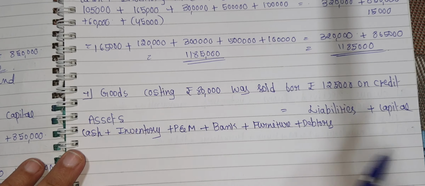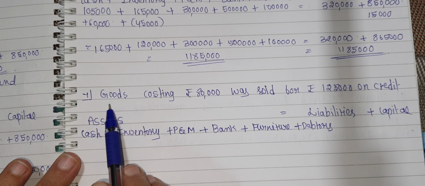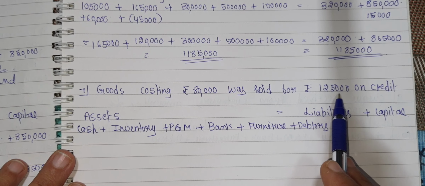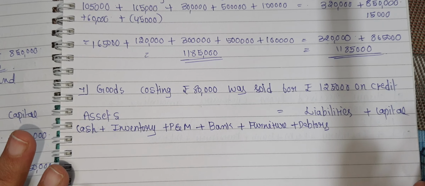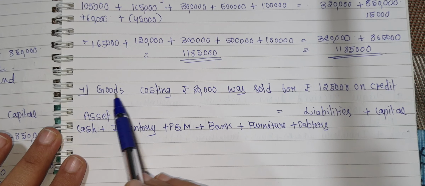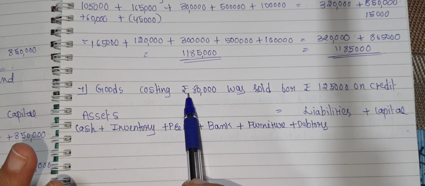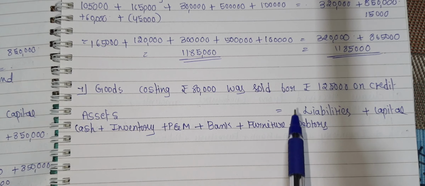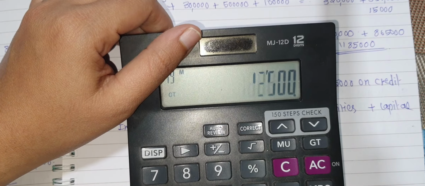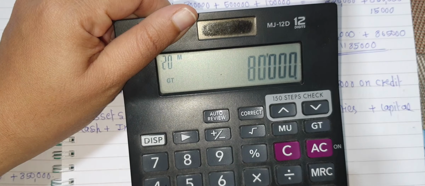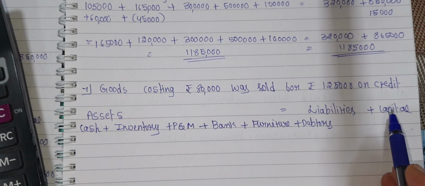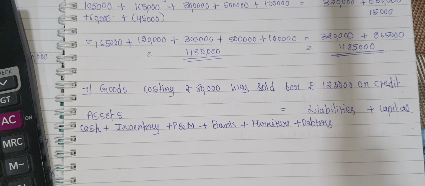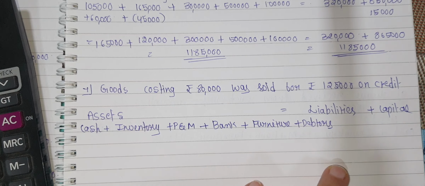Now we will move to the next transaction, that is the 7th one. Goods costing rupees 80,000 were sold for rupees 1,25,000 on credit. See here, goods costing 80,000 sold for rupees 1,25,000. Means here also there is a profit of rupees 1,25,000 minus 80,000, means our capital increases by rupees 45,000. Means 8,65,000 plus 45,000.